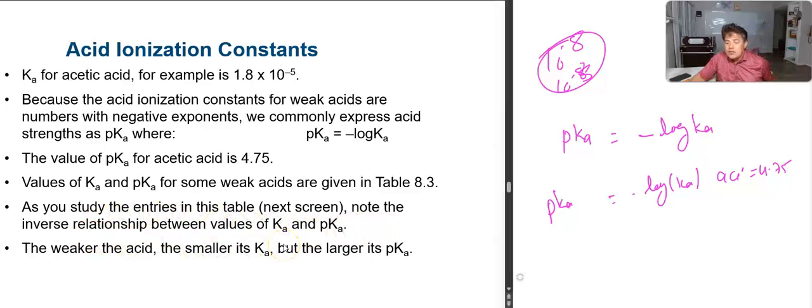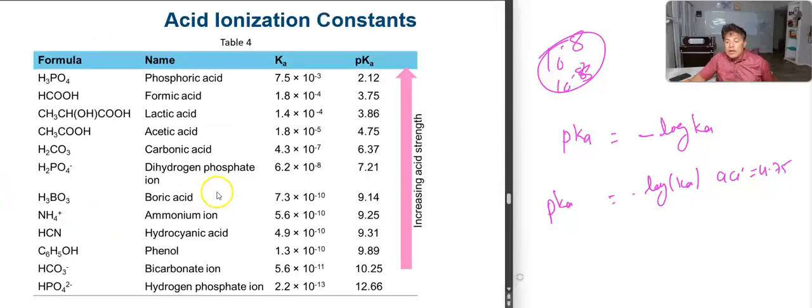As Ka increases, pKa decreases because it is the minus log of Ka. Ka 7.5 times 10 to the minus 3, pKa is 2.12. Formic acid, Ka is 1.8 times 10 to the minus 4, pKa 3.7. Then 2.2 times 10 to the power minus 13 for HPO4 2 minus, pKa 12.66.